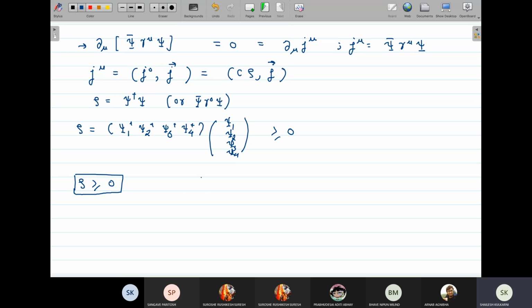So this 4 component object, this part will be positive energy, this will be negative energy, and these individually will represent spin up, spin down.